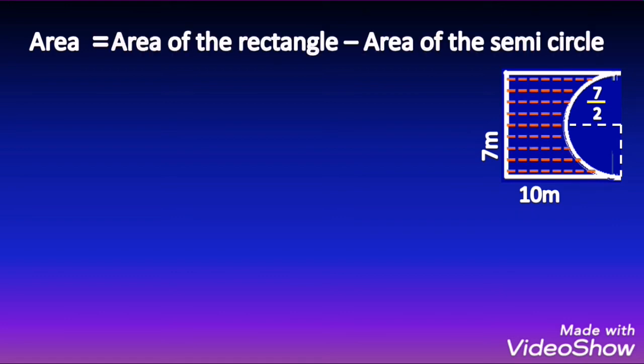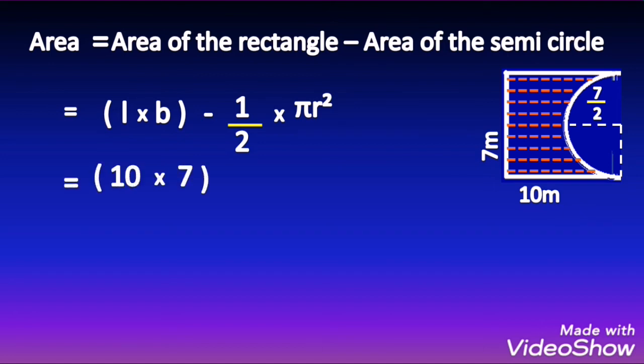So the area of this combined shape is equal to area of the rectangle minus area of the semicircle. We know the formula: it is L into B minus half into pi r square units. Now L is equal to 10 meters. This is the length of this rectangle and this is the breadth.